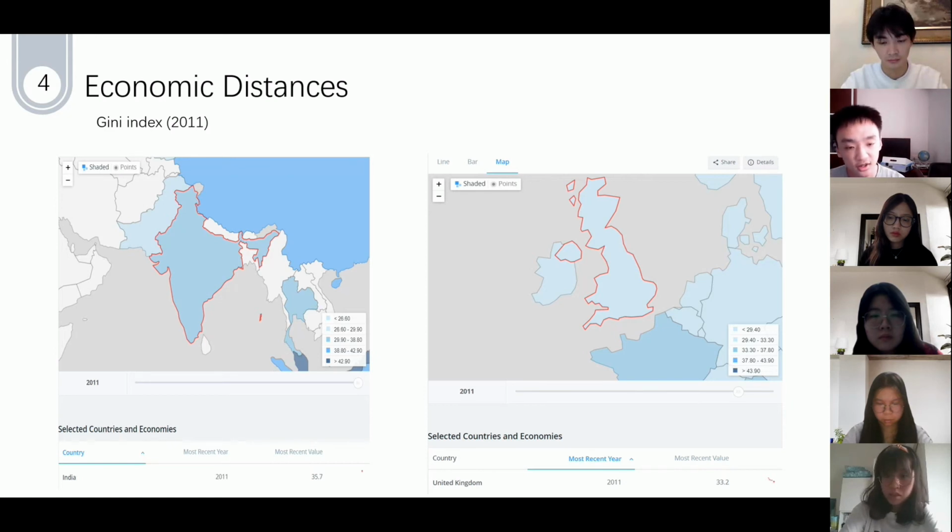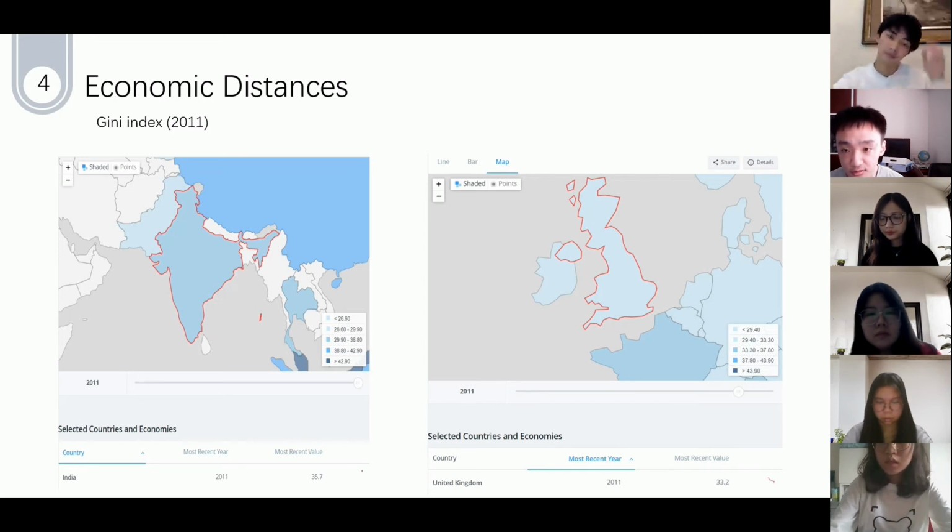Let's look at some data. The Gini index of India in 2011 was 35.7, while that of the UK in the same year was 33.2. Let my partners talk about the next part.